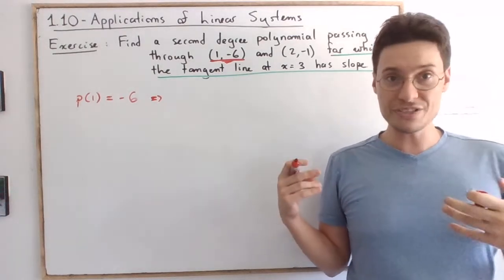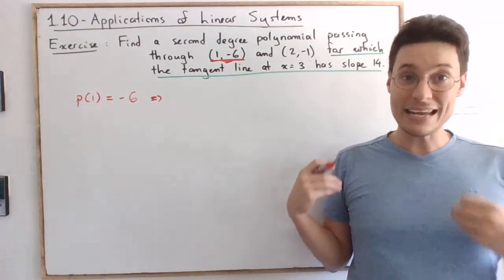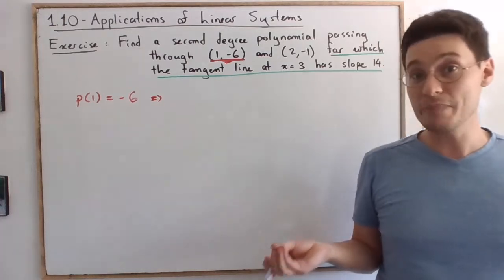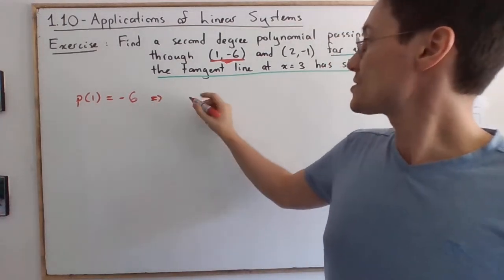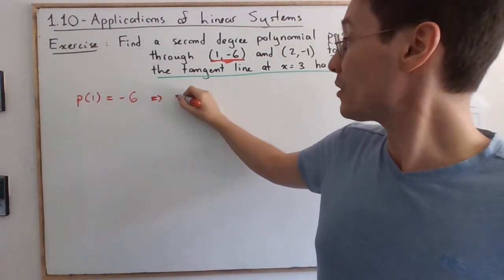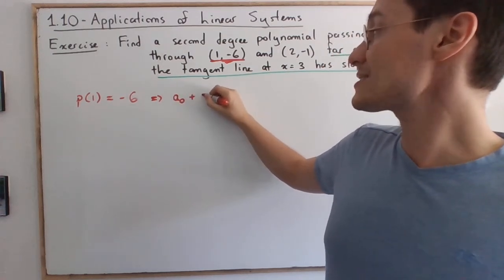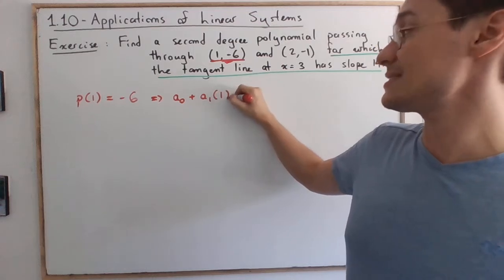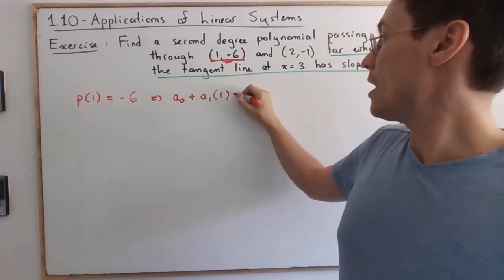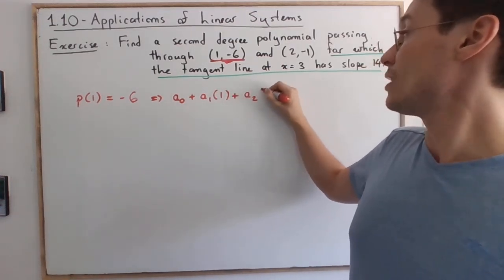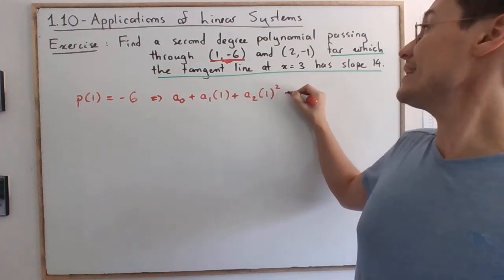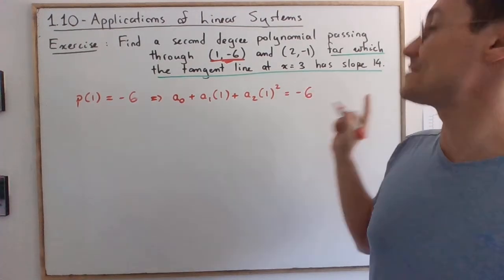In other words, write the terms in increasing order of power. That will make the solving easier. So a polynomial of degree 2 has this form: a0 plus a1x, in this case x is 1, plus a2x squared, is equal to -6.